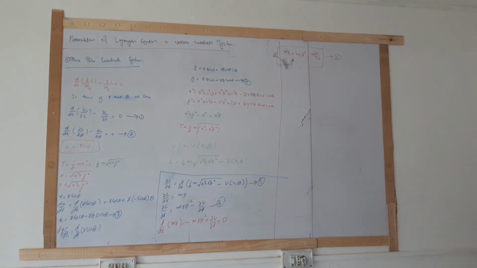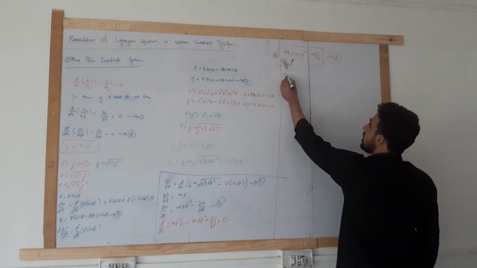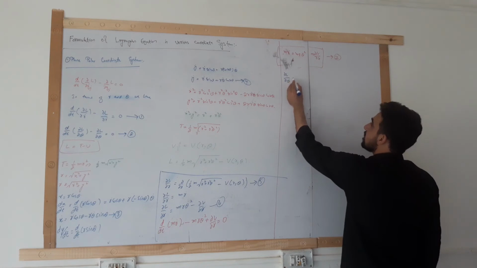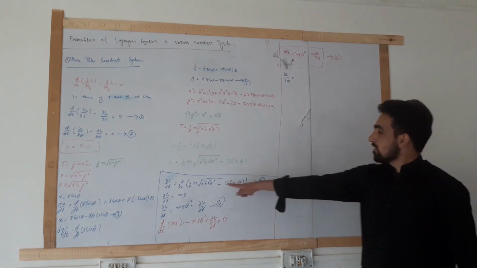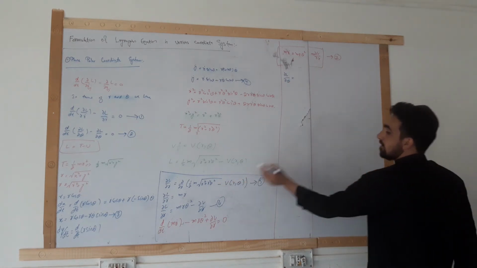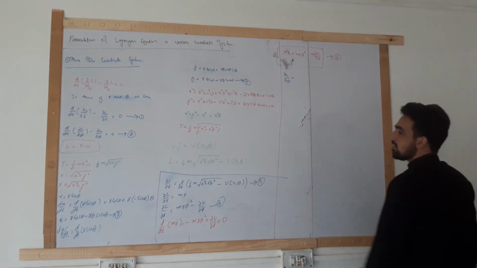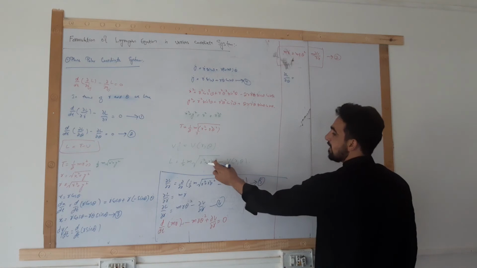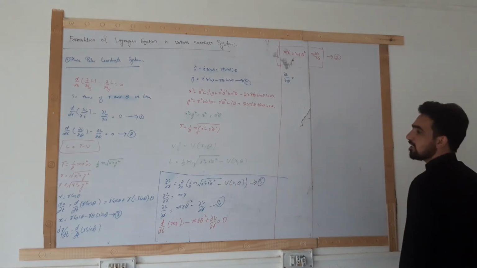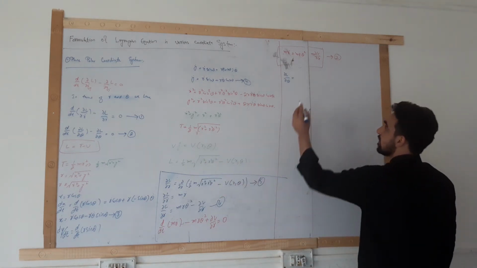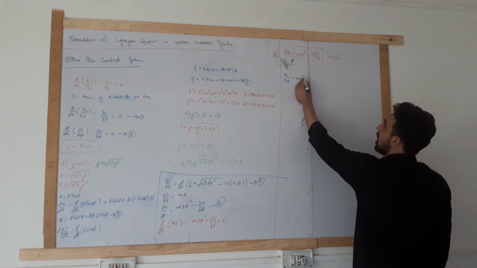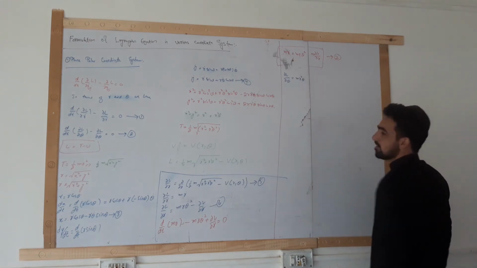Similarly, we can also find partial L by partial theta dot. When we differentiate L with respect to theta dot, only this term will remain and the rest of the terms will become 0. So we will have m r squared theta dot.